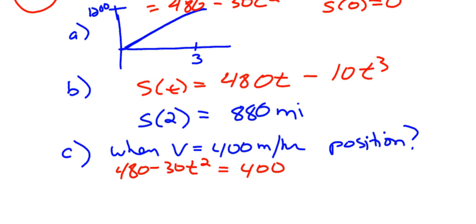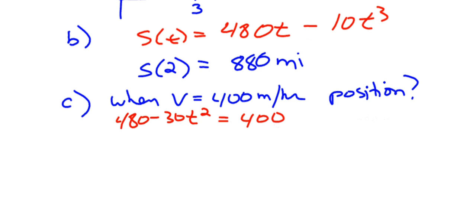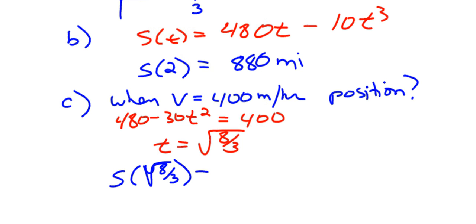I'm going to find the time when velocity is equal to 400, and then I'm going to plug that time into my position function so that I know where we were when we had a velocity of 400 miles per hour. So if this is the case, I get t equals the square root of 8/3, and I did not rationalize this one because I'm plugging it into my position function.